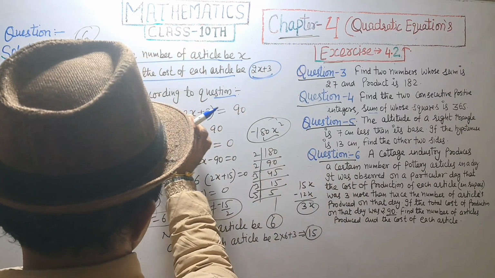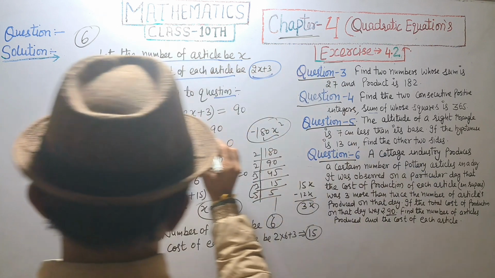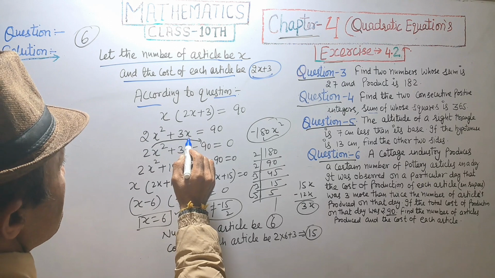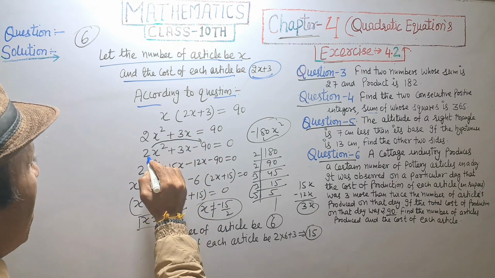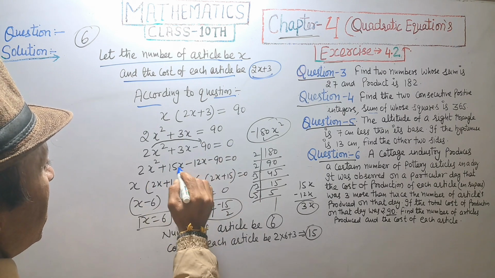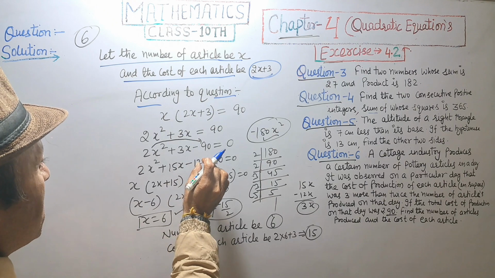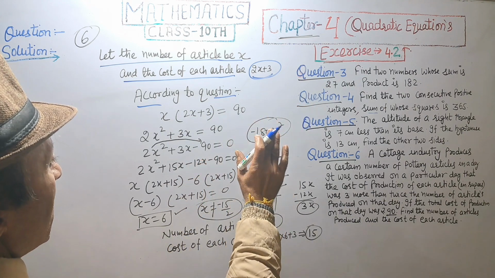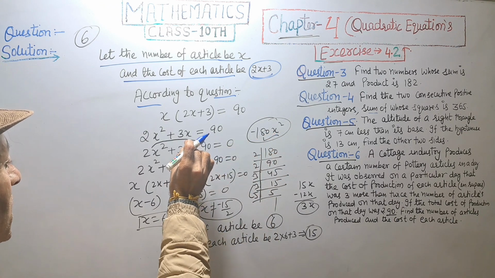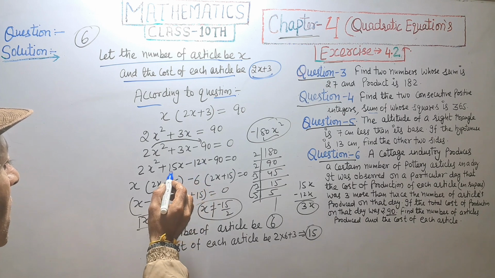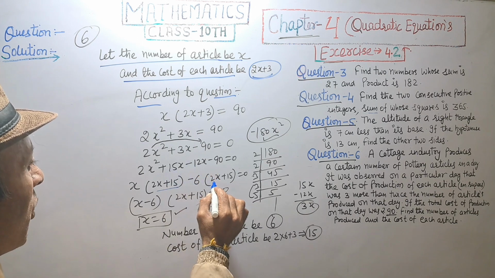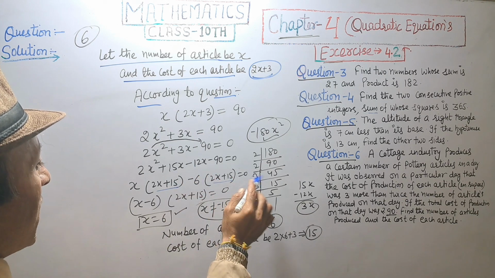According to the question, their product is equal to 90. So 2x square plus 3x is equal to 90, and 2x square plus 3x minus 90 equal to 0. We are splitting the middle term: 15 12s are 180, negative 180x square, and 15x minus 12x, that will be positive 3x. X is taken common, 2x plus 15 in bracket, and 6 is taken common, 2x plus 15 in bracket equal to 0.